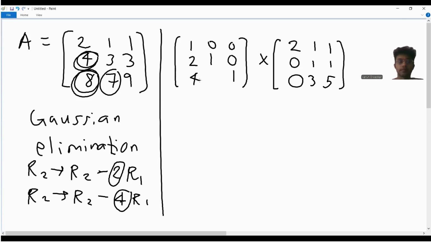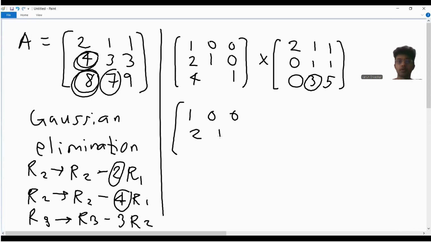And then, to make this 0, we perform row 3 transforms to row 3 minus thrice row 2. So let's rewrite this for a moment: 1 0 0, 2 1 0, 4 1 into 2 1 1, 0 1 1.